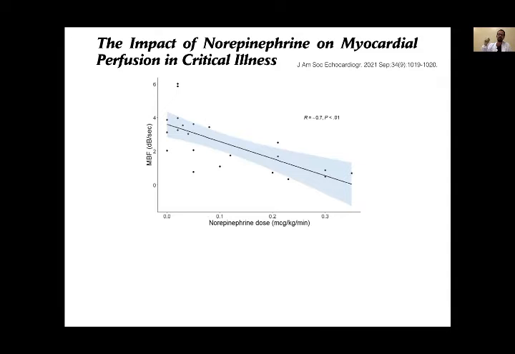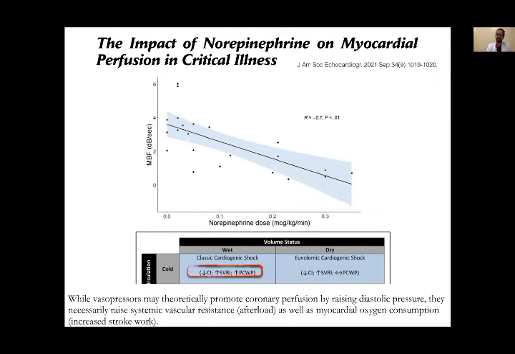One more mention, a slide that Susanna Price has shown in her presentation before, about the impact of norepinephrine on myocardial perfusion in critical illness. Again, small sample size, 22 patients, but quite interesting because it recalls the pathophysiology of classical cardiogenic shock, demonstrating, by looking at myocardial blood flow, that norepinephrine may affect myocardial perfusion in a detrimental way.